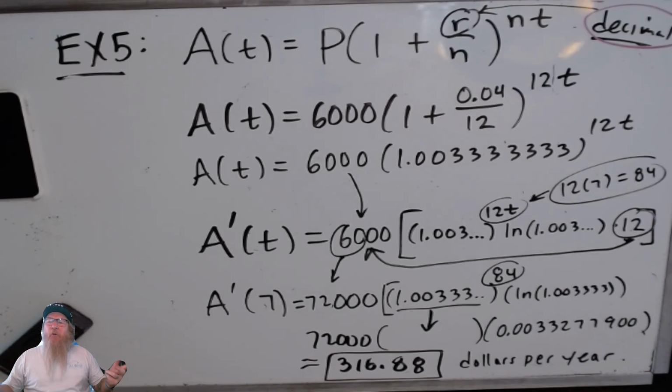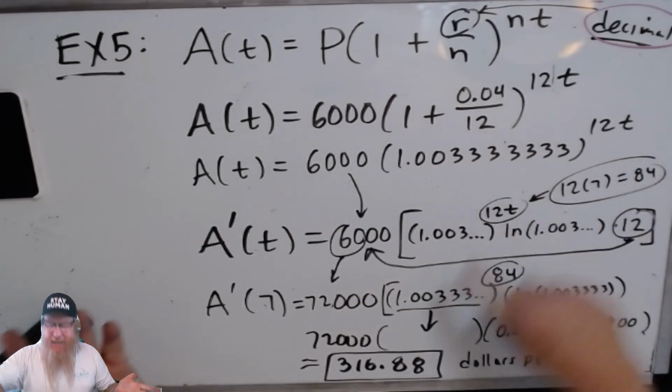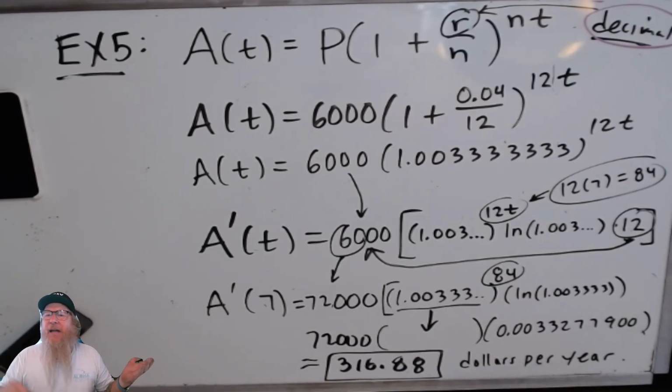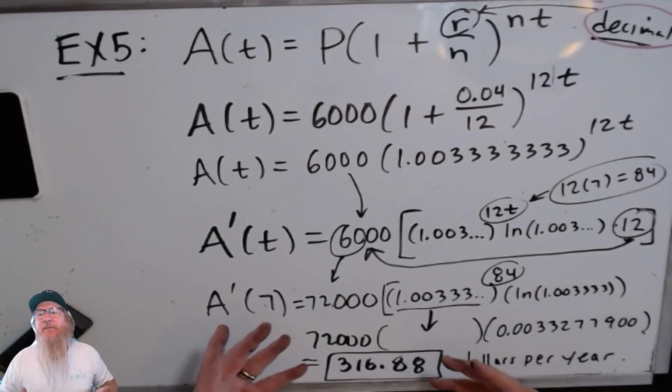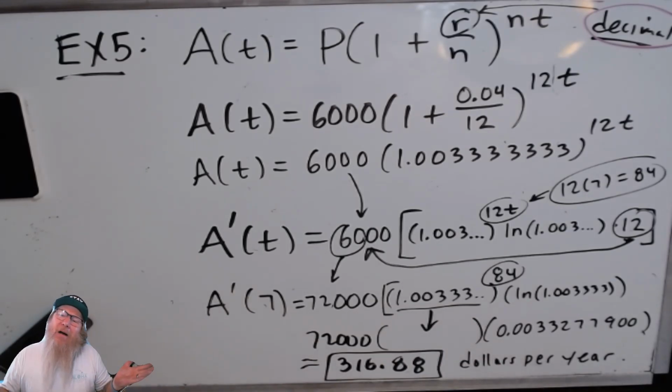And so even though 4% is really only $240 per year, it's because it's compounding over the course of 7 years, and it's been compounded monthly. That's where the 12 comes in. And so you are actually growing more than 4%. It's $316.88, which you could say is the effective rate. The effective rate is much higher than 4%. It's not much higher, but it's a little bit higher than 4%.